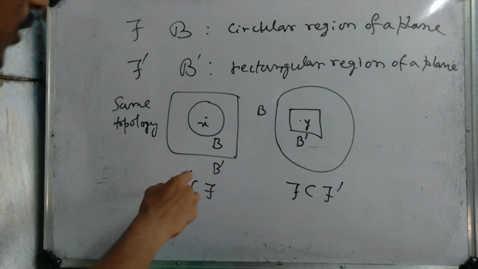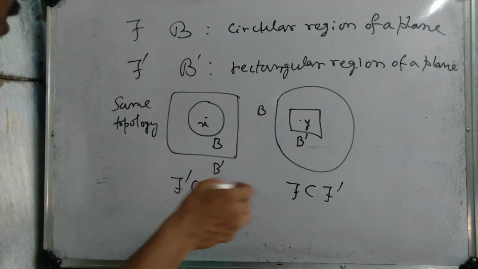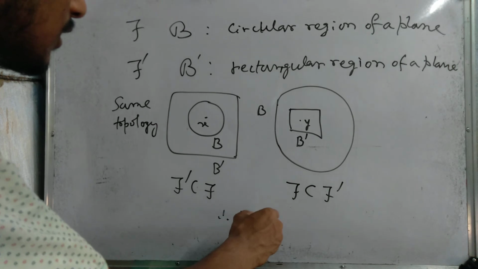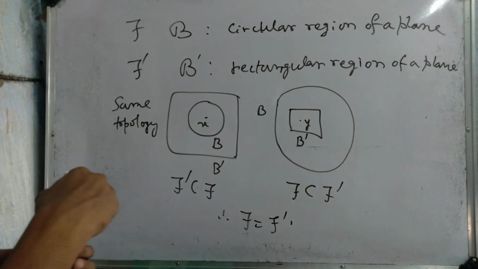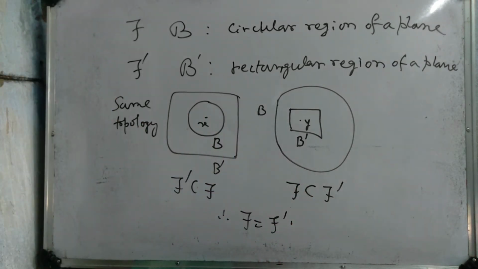Here tau is also finer than tau dash, so it implies tau equals tau dash. Okay, then these two generate the same topology, so their bases. Topology class 2 is ended.